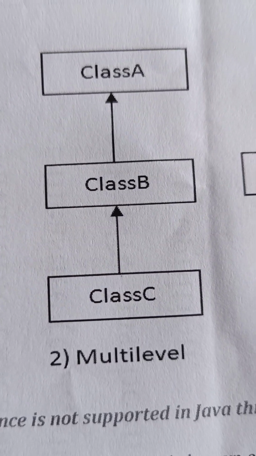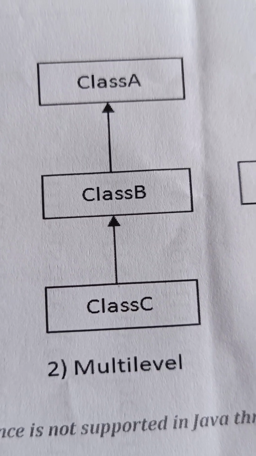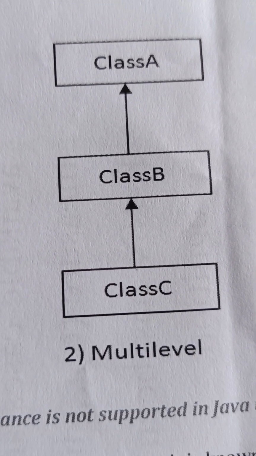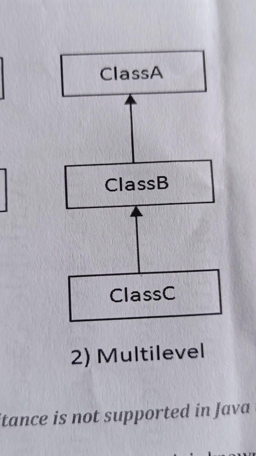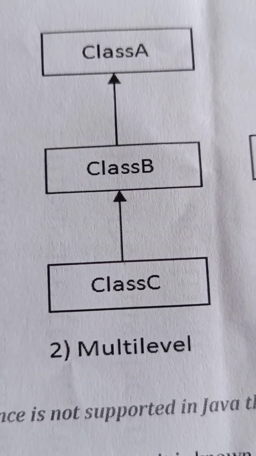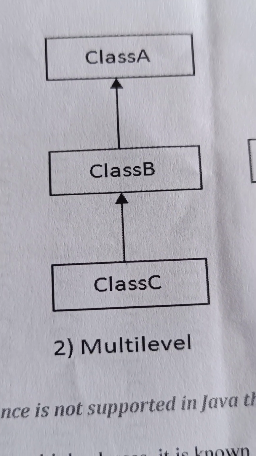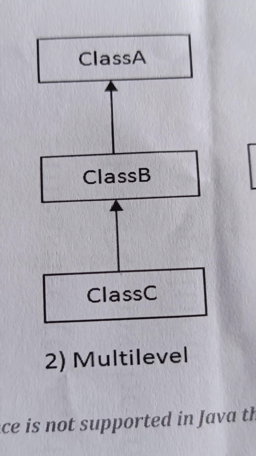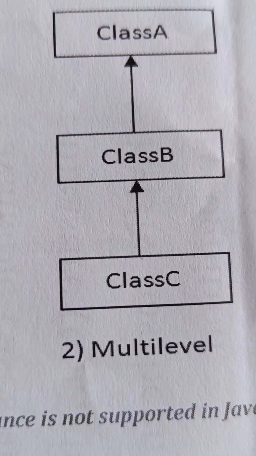Class A's 2 acres are followed to class B having 4 acres, and class B's 4 acres are followed to class C, which has 2 acres, totally 6 acres. Likewise the multi-level will work. This is the main concept of inheritance.